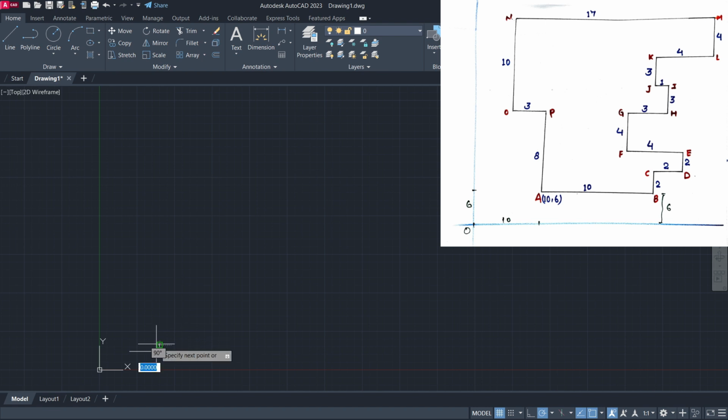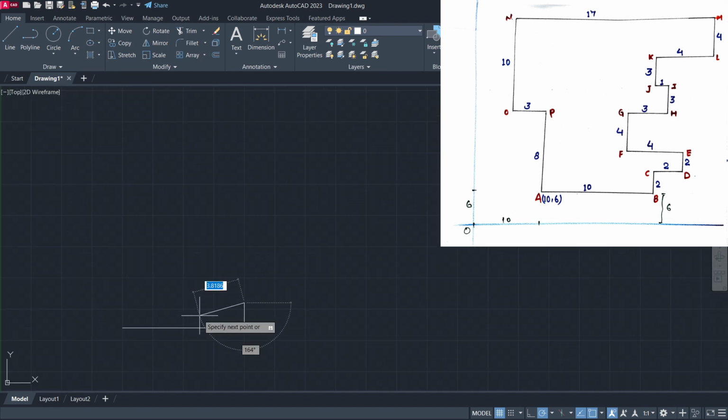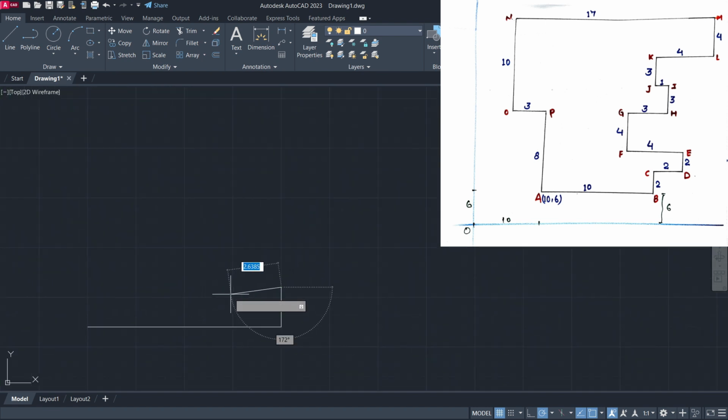The figure is too small, so I decided to zoom in. Then from 20, comma 8 we go to 22, comma 8, and then 22, comma 10, and then 18, comma 10.